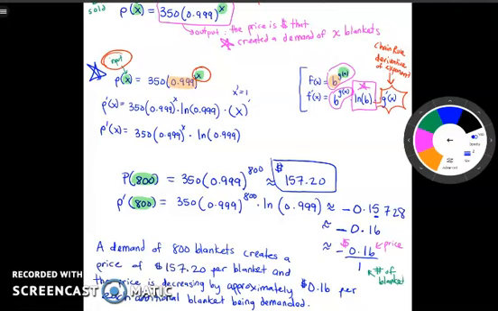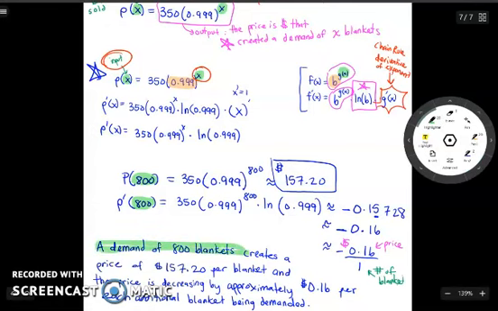But just a couple things to point out. So our input was 800 for both of those, and our input was describing the demand, the number of blankets being demanded. This output right here of $157, this number right here, this was my P of 800.